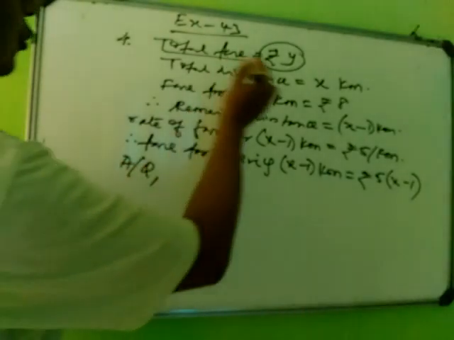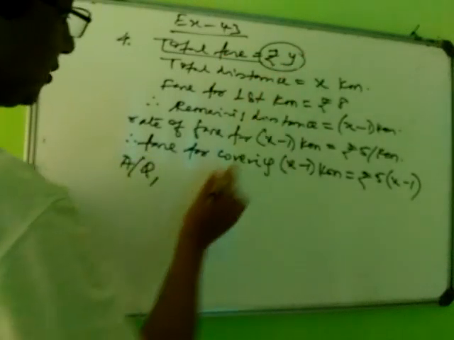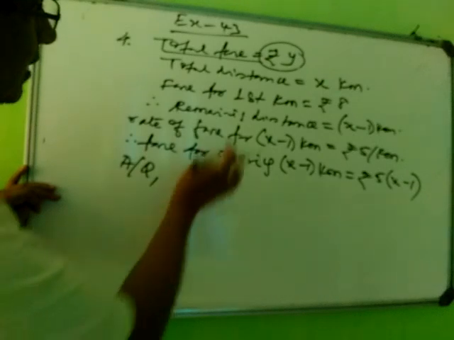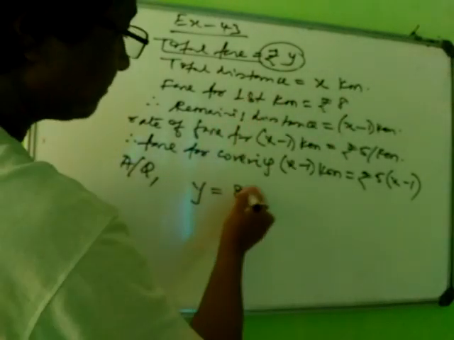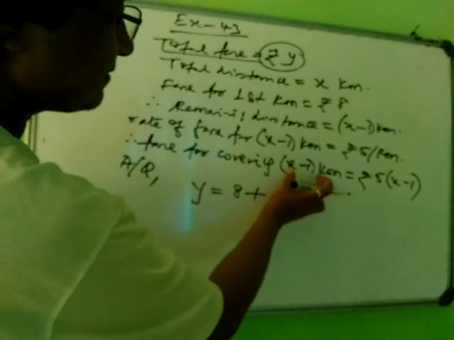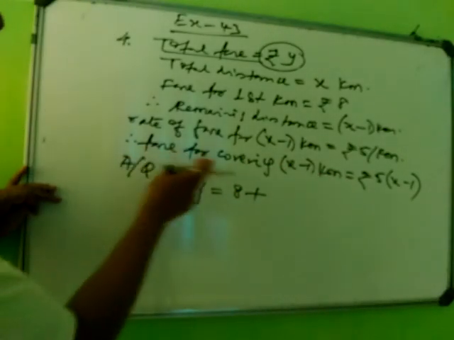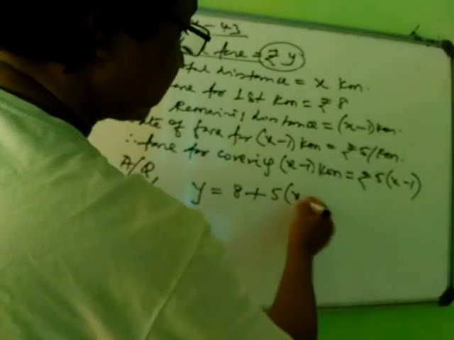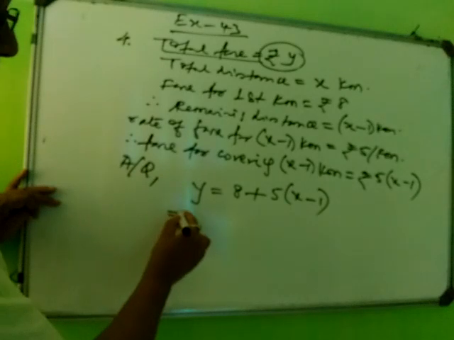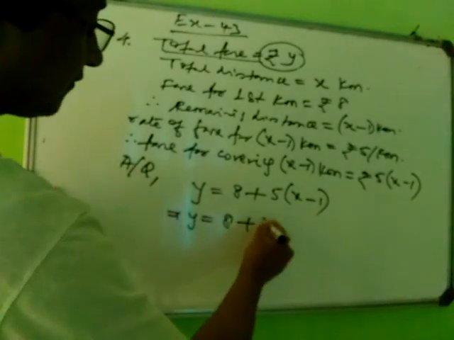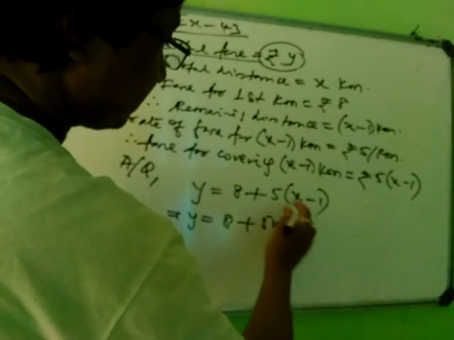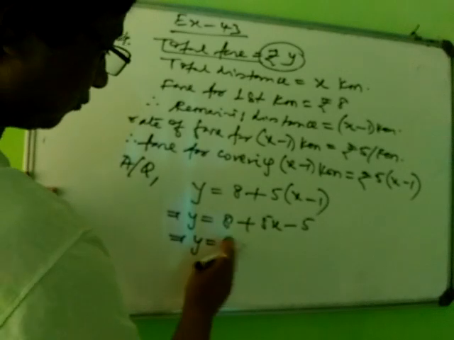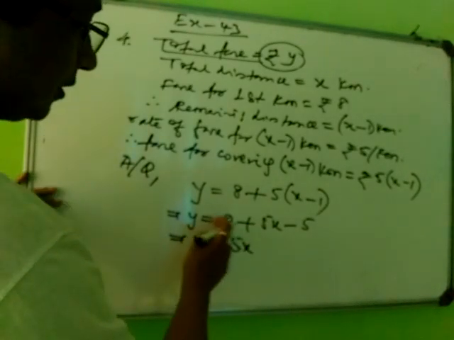Now the total fare is ₹y. Total fare equals the first kilometer fare ₹8 plus the fare for the remaining distance x minus 1 kilometer, which is 5 into x minus 1. So this implies y equals 8 plus 5x minus 5 into 1, that is 5. So this implies y equals 5x plus 3.